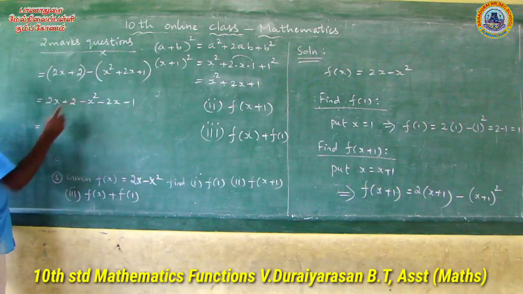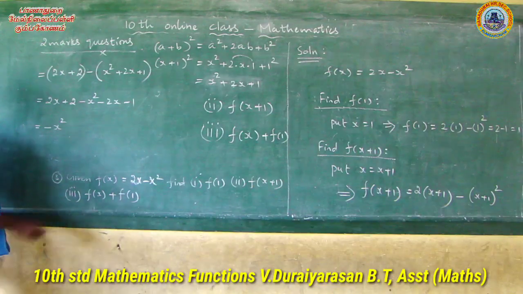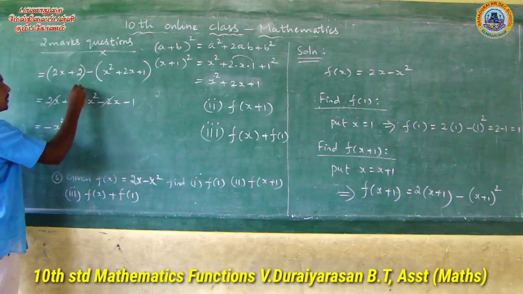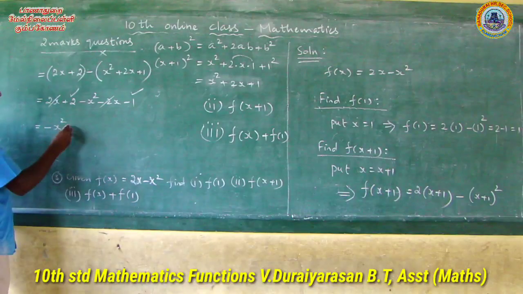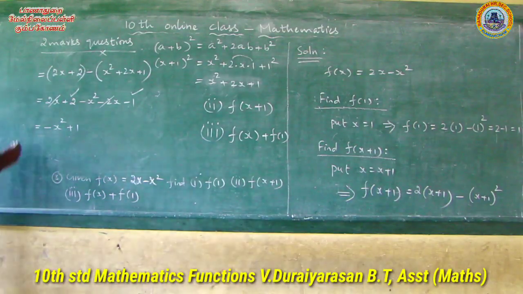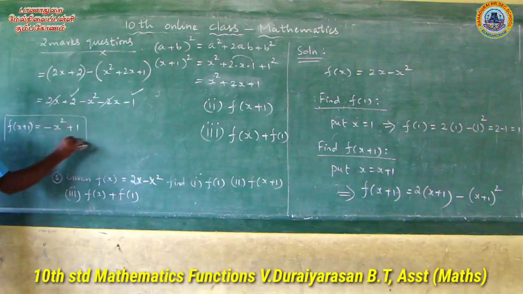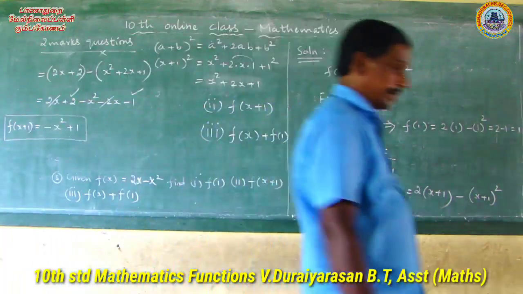Simplify first the x square term: minus x square. Minus 2x plus 2x get cancelled. What is the remainder value? Plus 2 minus 1, so plus 1. So what is the value of f of x plus 1? f of x plus 1 is equal to minus x square plus 1.